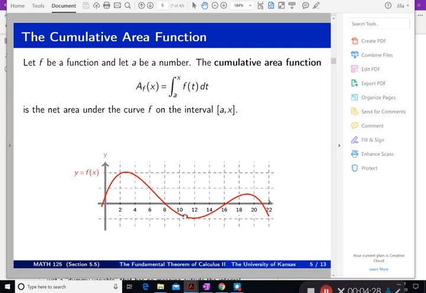So the cumulative area function, let f be a function and let a be a number. The cumulative area function A sub f of x is equal to the integral from a to x of f of t dt, the net area under the curve f on the interval a to x.